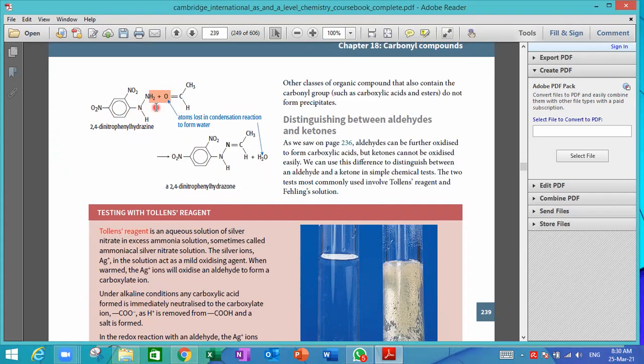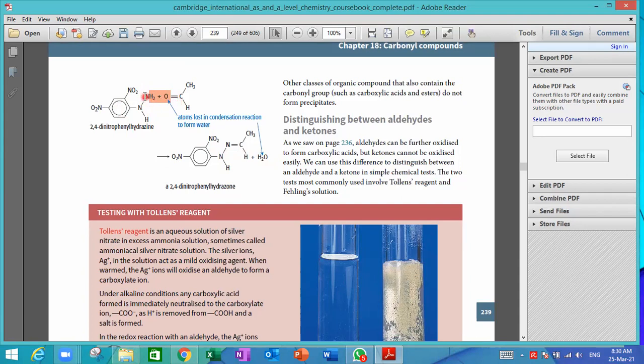So here it's very simple. You are going just to remove the hydrogens of the hydrazine group. This is called the hydrazine group, NH2 and H2. So you are going to remove the H2 with the oxygen of the aldehyde to produce water, and just bond the nitrogen to the carbon. The double bond here is not going to be removed.